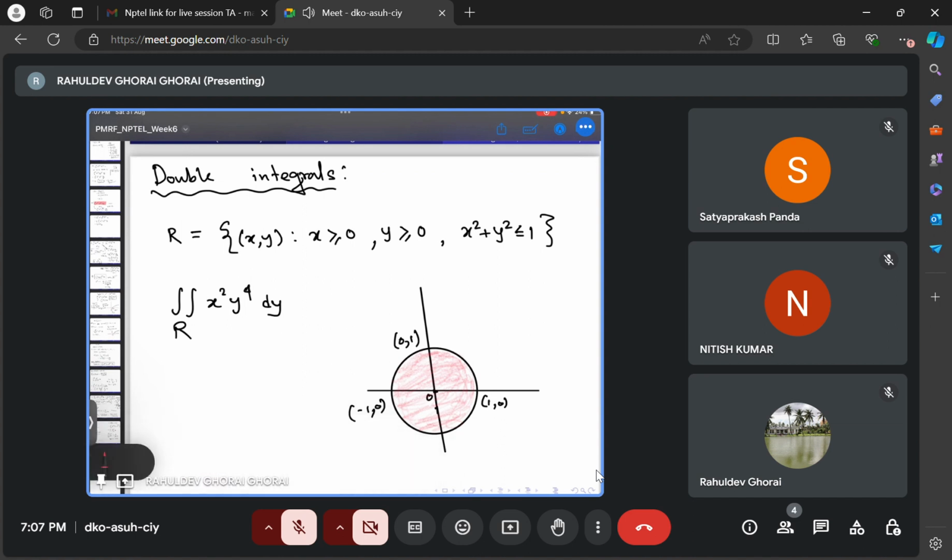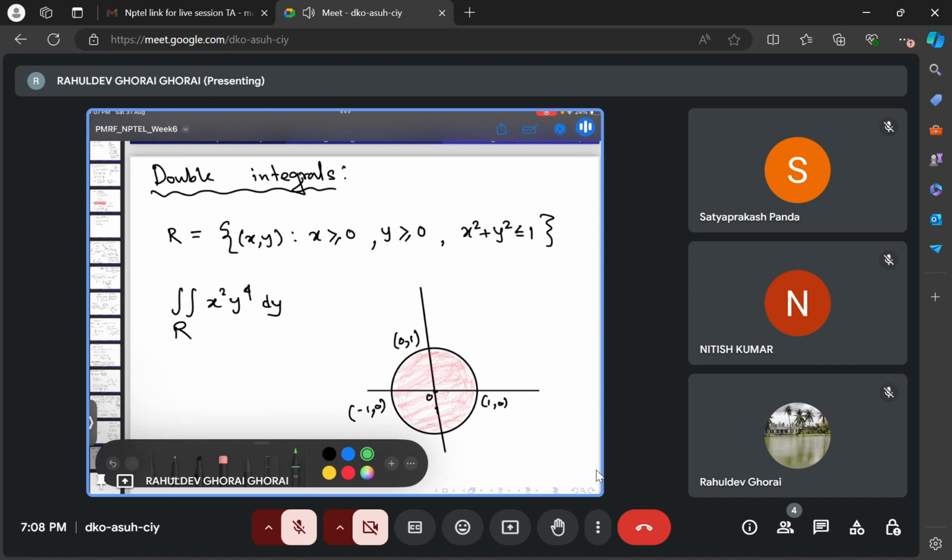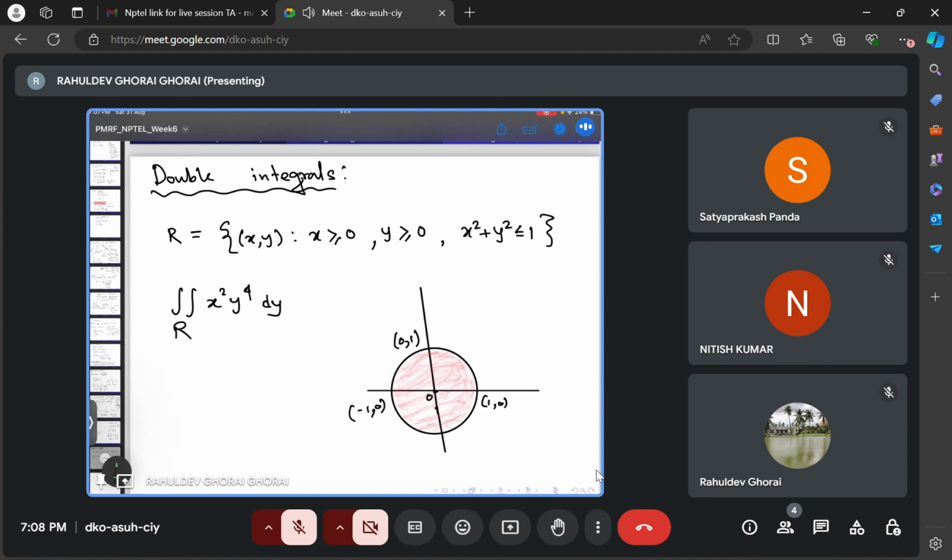But the region R will contain only those points which are also positive. What does that mean? Positive implies it has to be only in this portion, right? So your R is nothing but the part I shaded with green color.